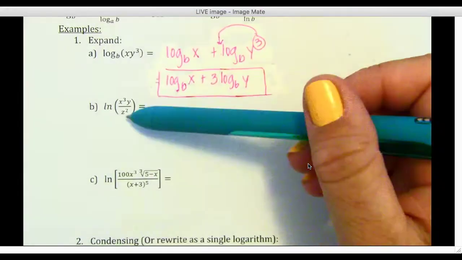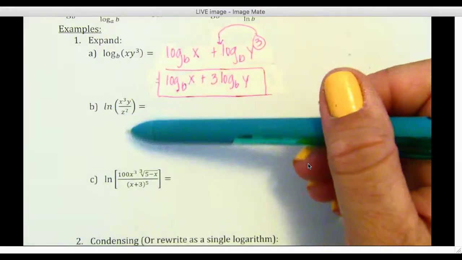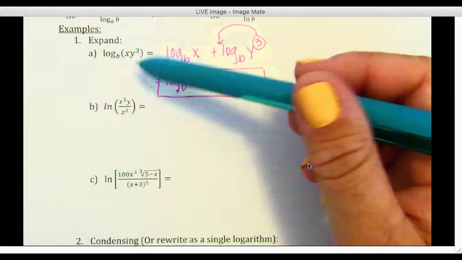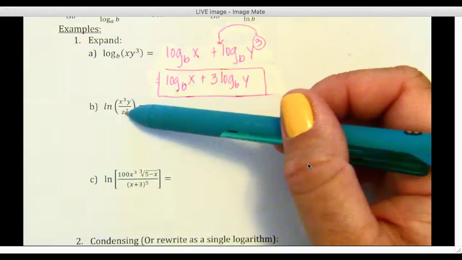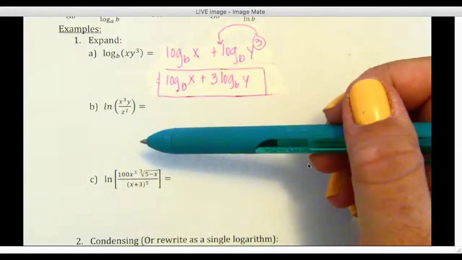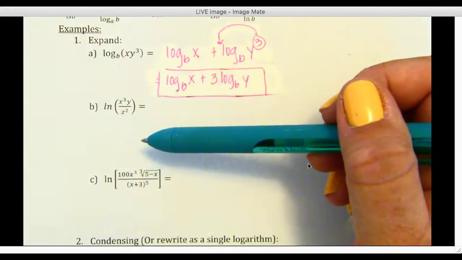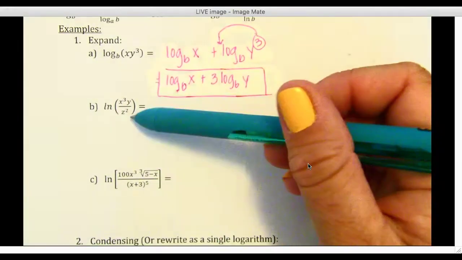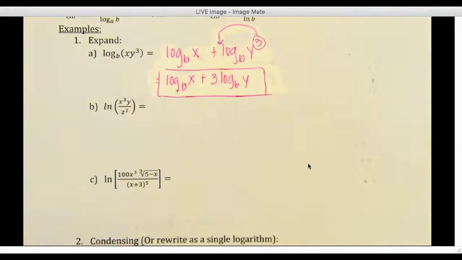In the next example, we have multiplication and division. So these terms that are being multiplied up top are going to be expanded using addition. Anything in the bottom would be expanded with subtraction because they're being divided. So if I had multiple terms in the bottom, in fact, you know what? Let's change this problem.